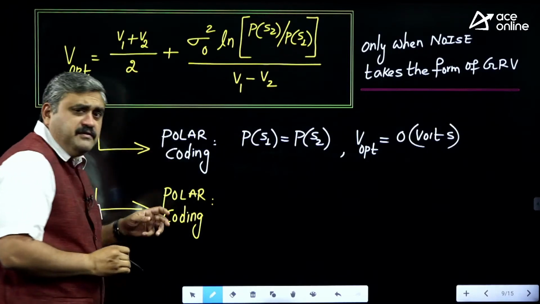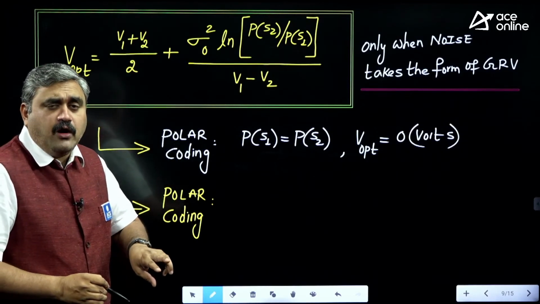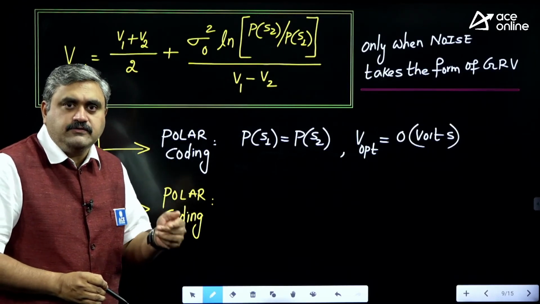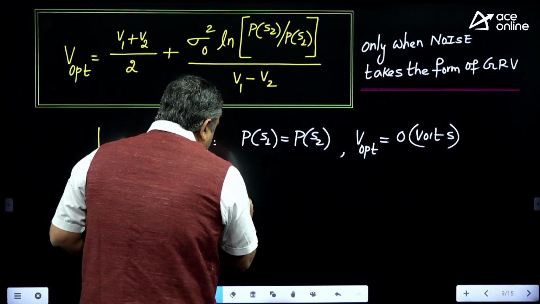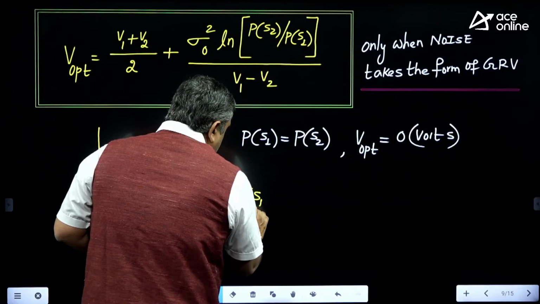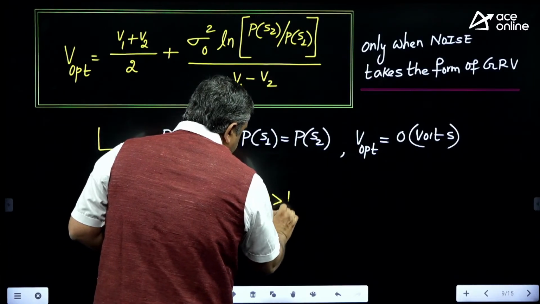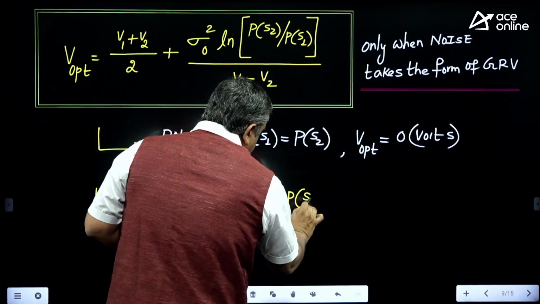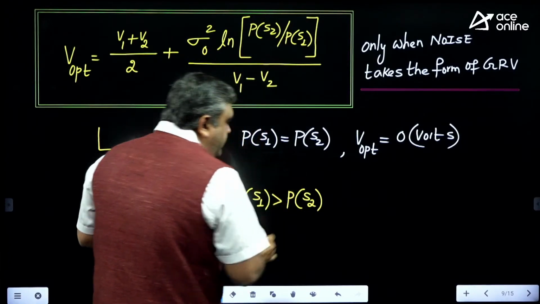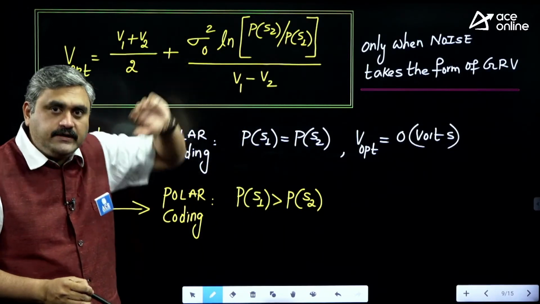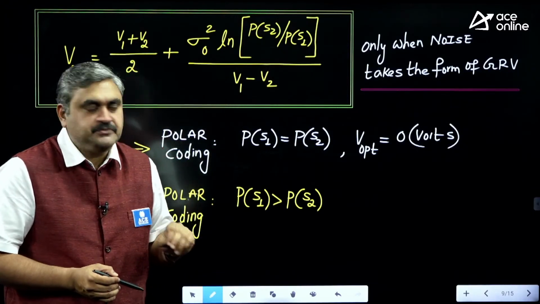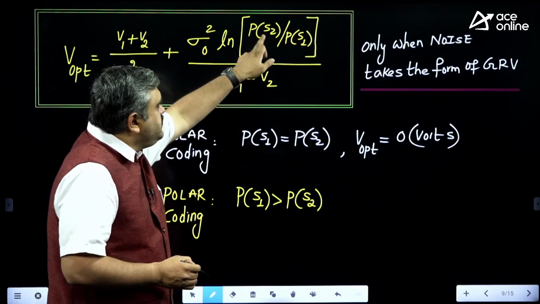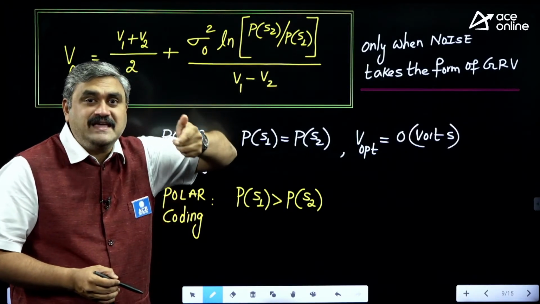Now, if you apply again the same polar coding, that means again V1, V2 are exactly same values but opposite in sign, so they will get cancelled. First term will become 0. Now, if you take value of P of S1 to be greater than P of S2, that means your density function curve when S1 received is more height and the density function curve when S2 received is less height. Then what will happen? This P of S2 by P of S1 will become less than 1.